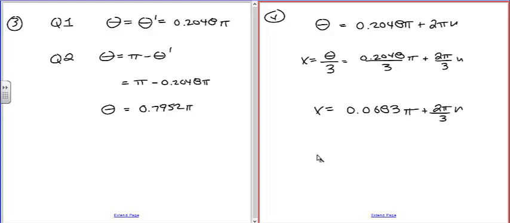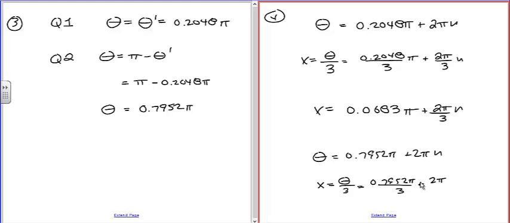And then you have the second solution. So let me put it in terms of theta first. So in terms of theta, it's 0.7952 pi plus 2 pi n. But x is theta over 3 again, so you're going to take 0.7952 pi and divide by 3. And then you're going to take 2 pi over 3 times n. So divide 2 pi by 3, you get 2 pi over 3.